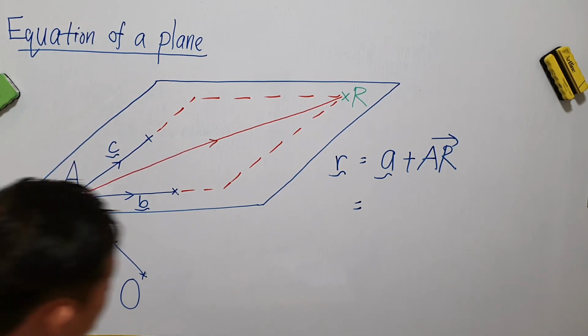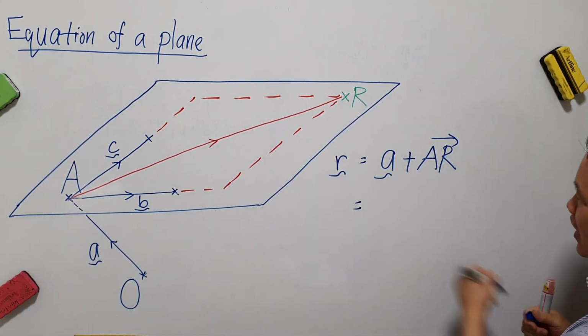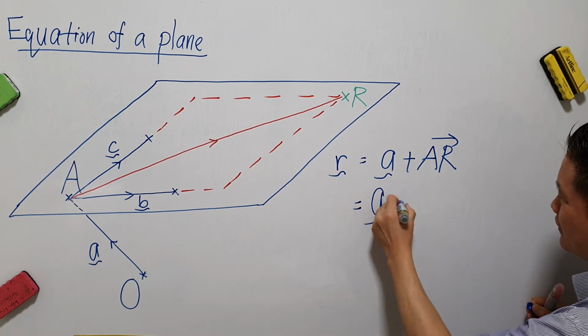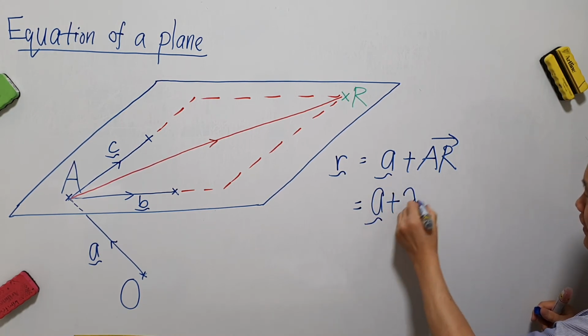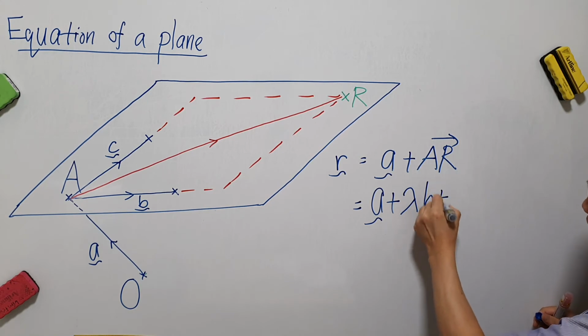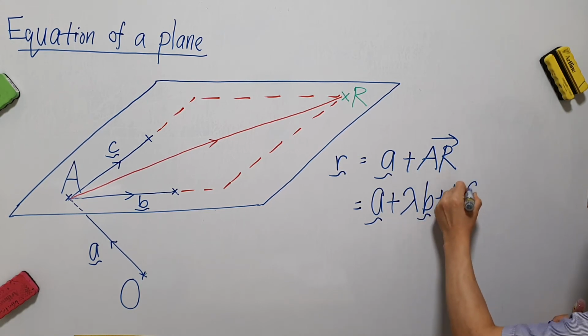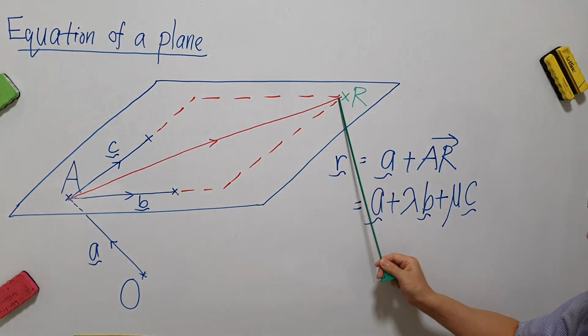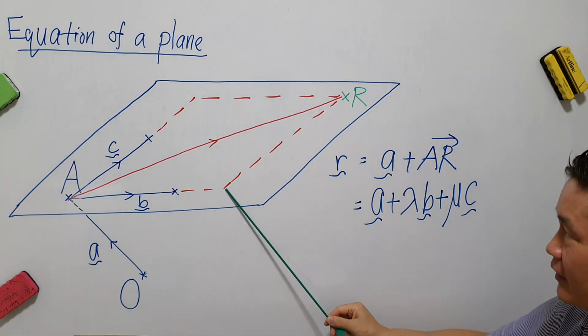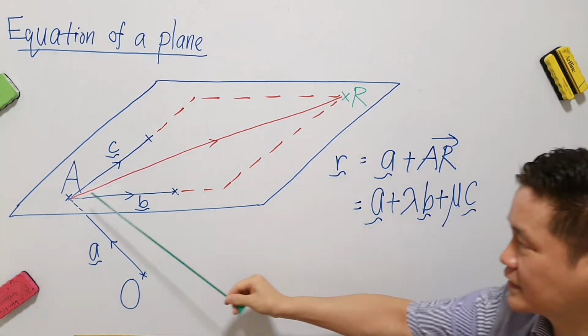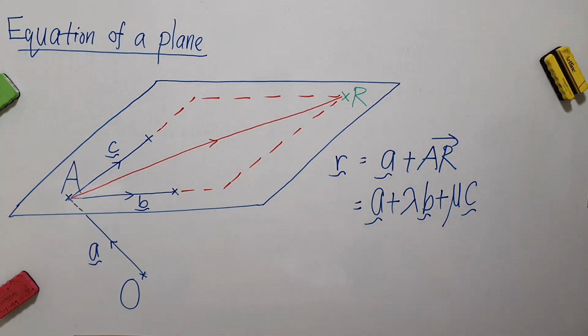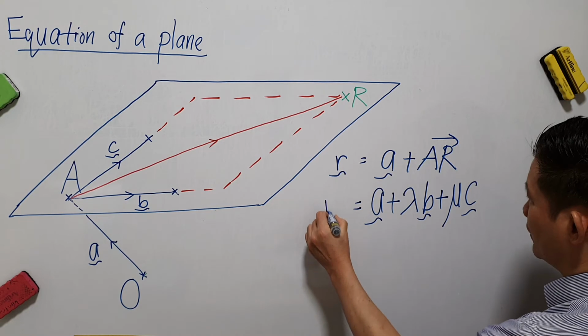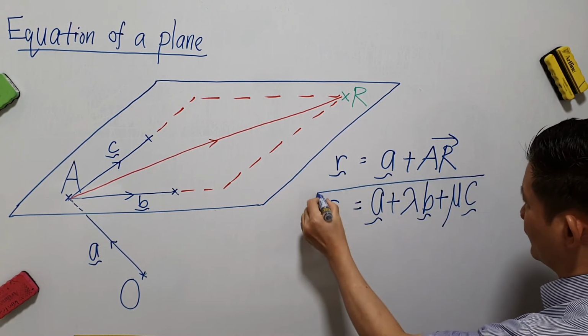Now I'm going to write this vector AR as a multiple of B plus a multiple of C. Once again, AR is a multiple of B plus this, and this is a multiple of C. And lo and behold, you have what is called an equation of a plane.